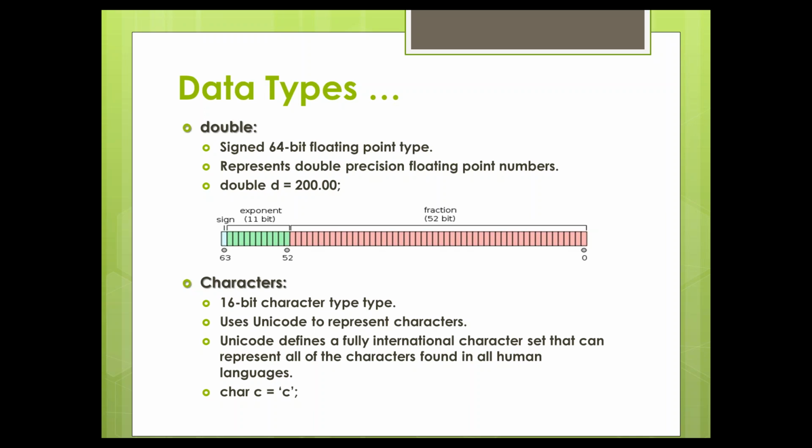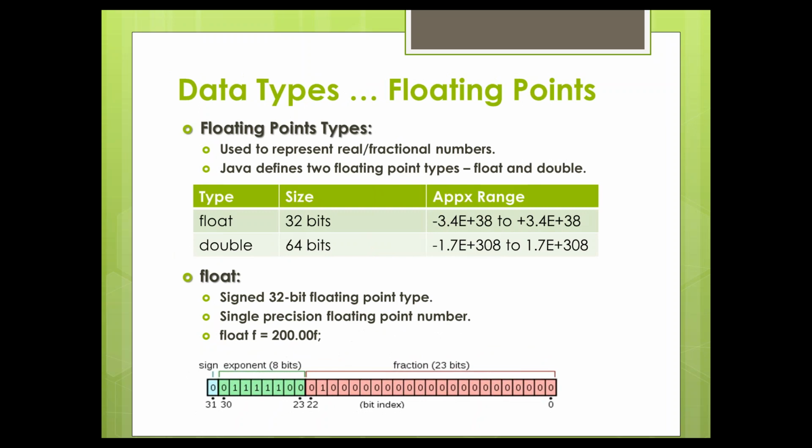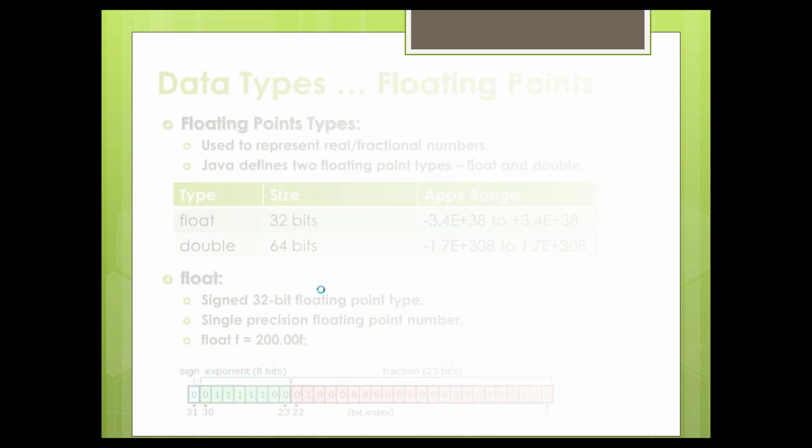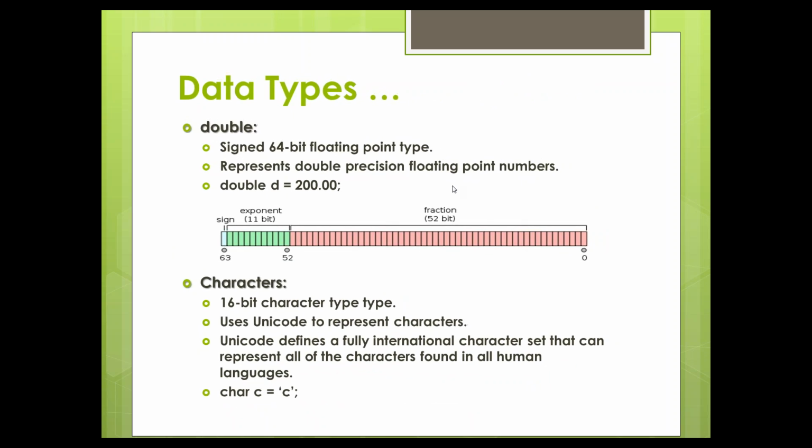As we explained for float, the most significant bit, bit 63, is used for your sign, and here 11 bits are used for your exponent part, and 52 bits, approximately double the precision of your float. Here we see 23 bits, so approximately double of this is used for storing the fractional part of double.